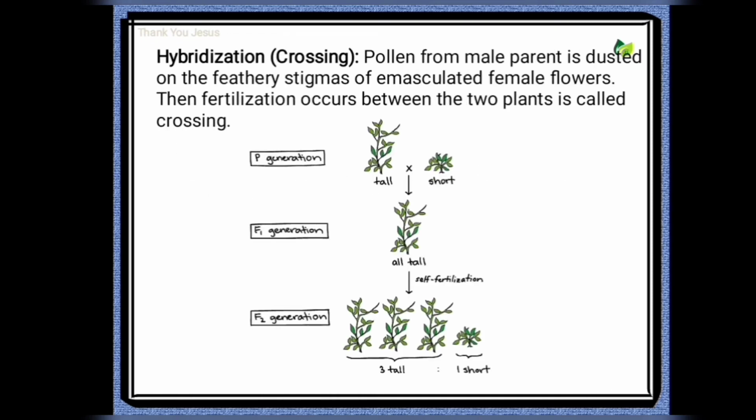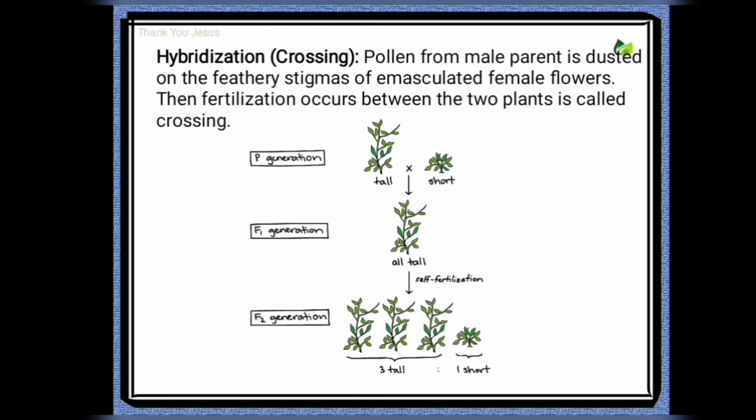Next one, hybridization or crossing. Pollen from the selected male parent is dusted on the feathery stigmas of emasculated female flowers. That is nothing but hybridization. Then fertilization occurs between the two parents, which is called crossing.